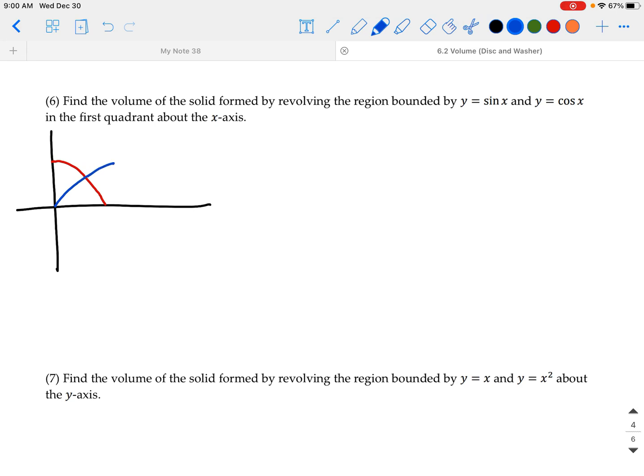So we'll note that both graphs are going to start something like this. So we probably want to be a little bit more specific.